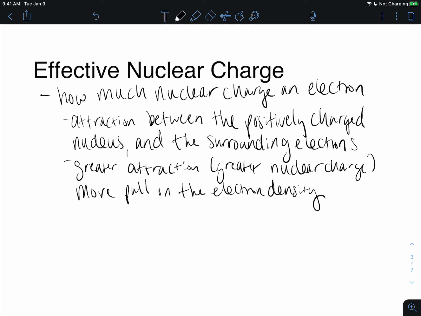And the thing that's going to most greatly affect how effective the nuclear charge is, is how many protons we have, the distance the electrons are from the nucleus, and then how many electrons are in the way of that nucleus and the electron itself. So 3 factors in effective nuclear charge.